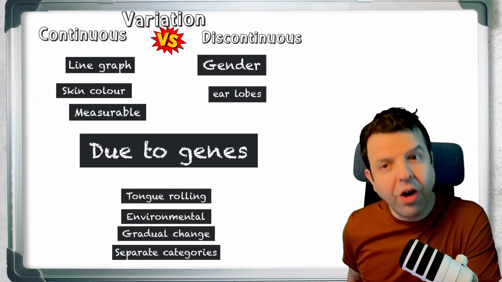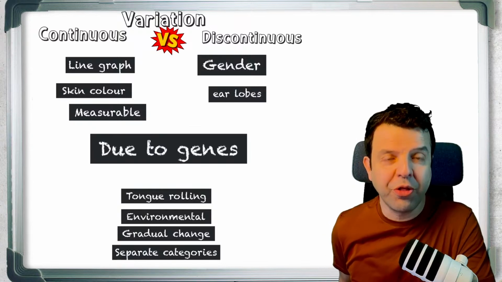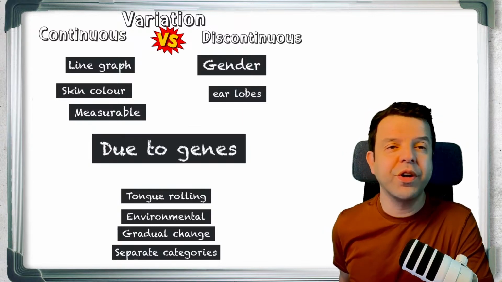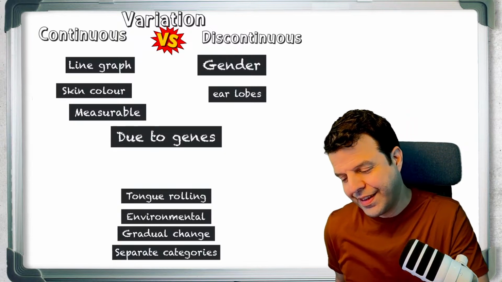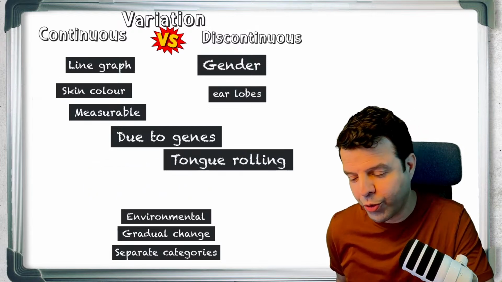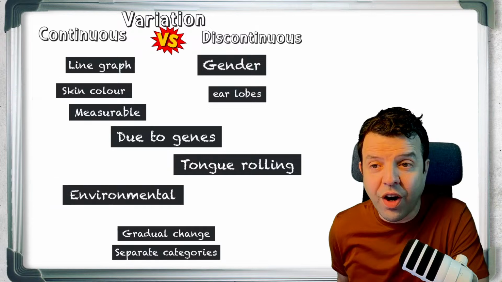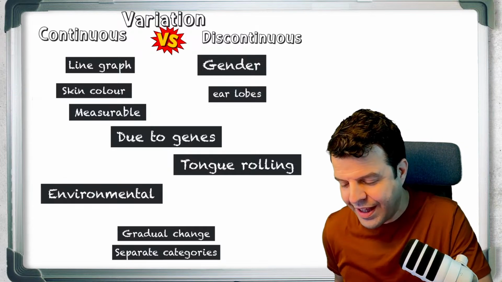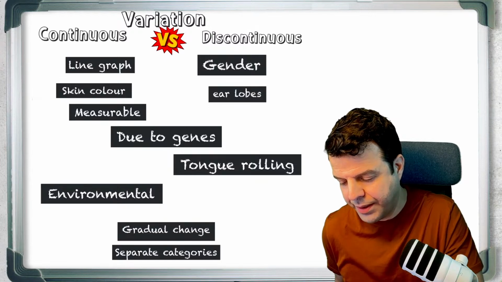Genes are involved. Remember what I told you? Every single thing in you, in your behavior, in your body, is always influenced by your genes. I told you this one, how your tongue rolls. If the feature is environmental, if it shows gradual change, okay?